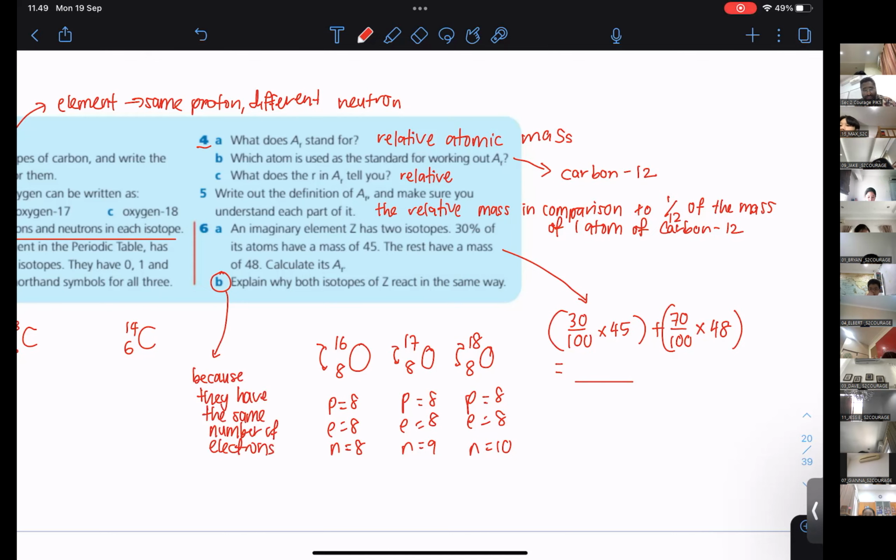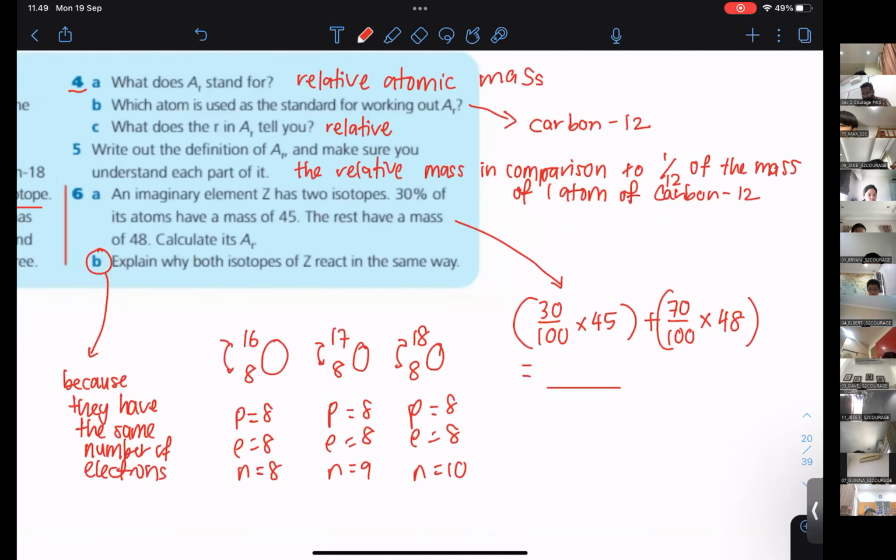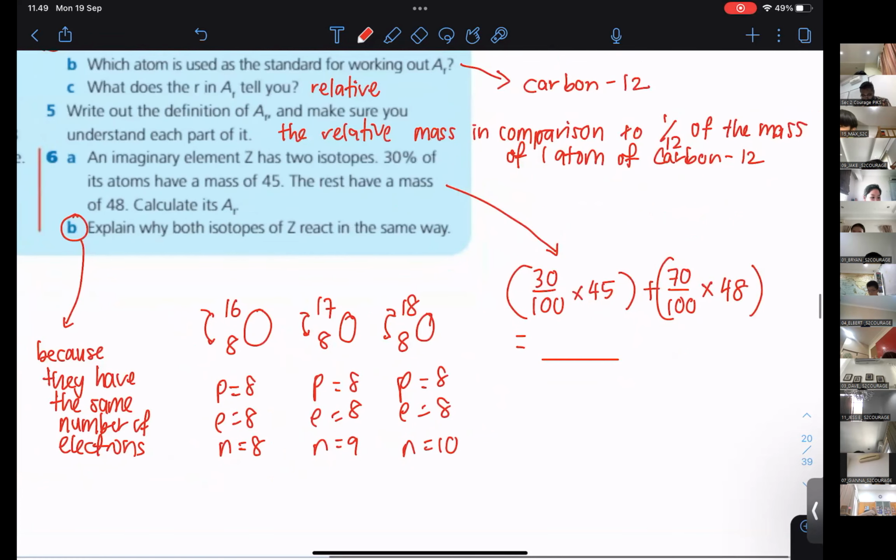So has anyone calculated? Can you give me the value? 47.1. Okay. You can see there is no unit, because it's relative. So 47.1, you will have a decimal because of the isotopes.